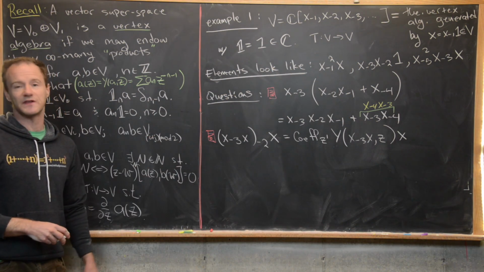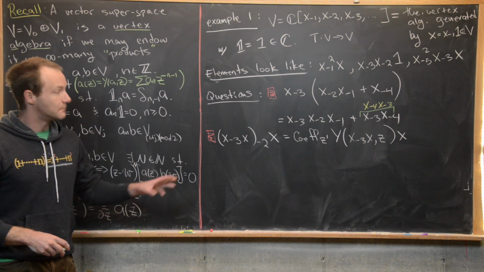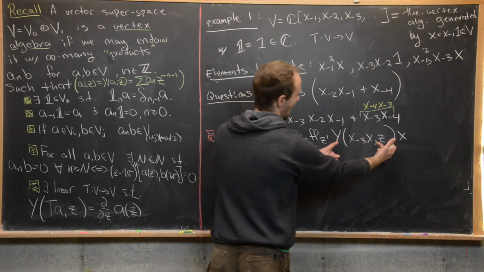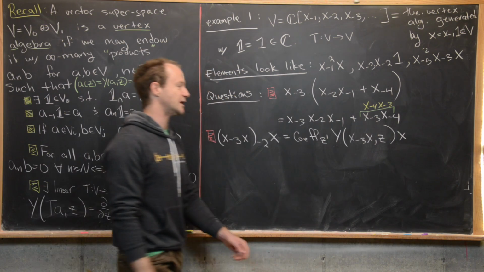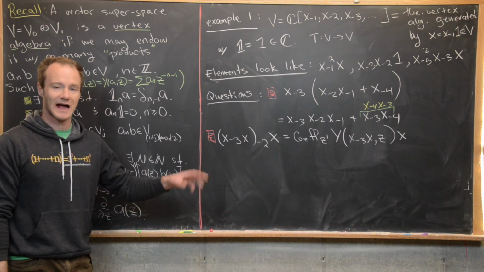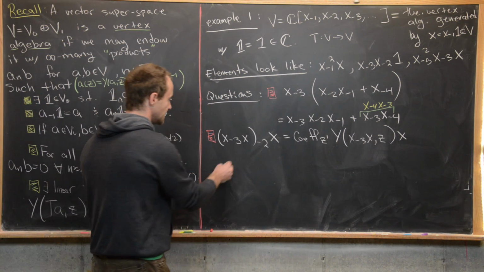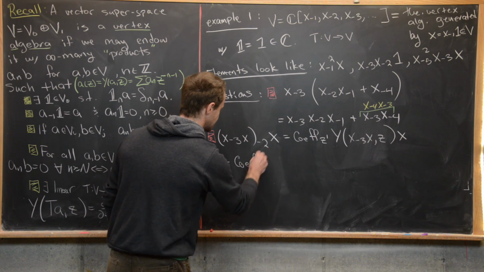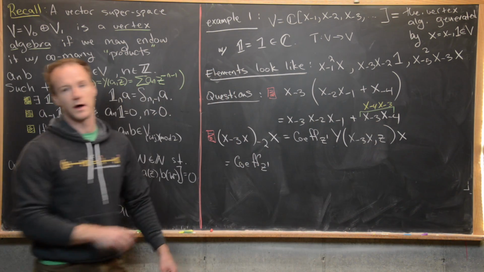So this is the kind of thing that we have to construct. But by the stuff that we had on the previous boards, we know how to take that vertex operator. It has to do with some derivatives. So we have the coefficient of z to the 1.